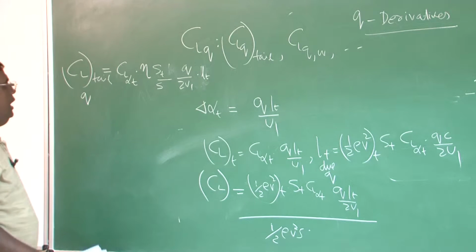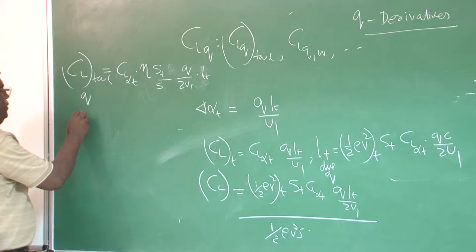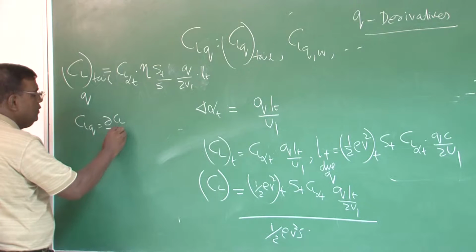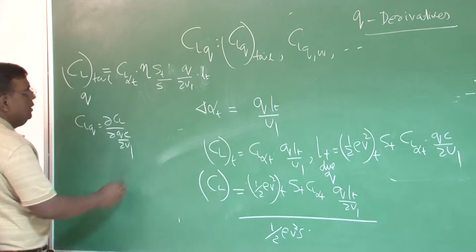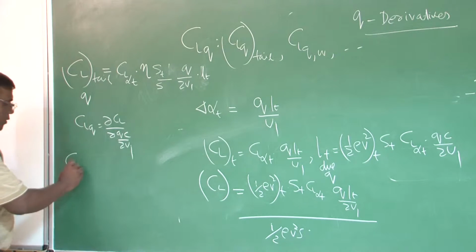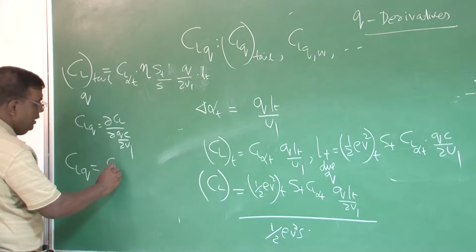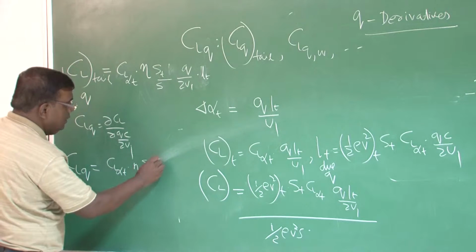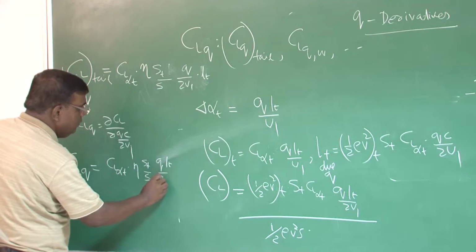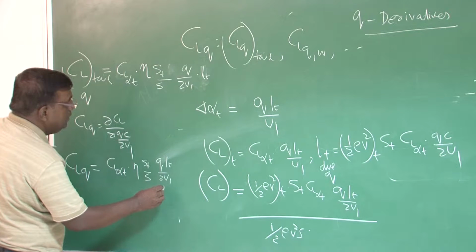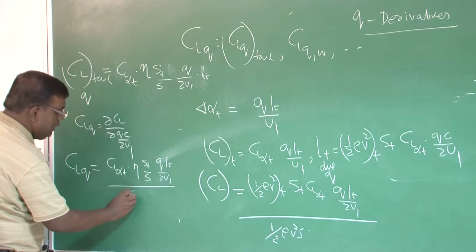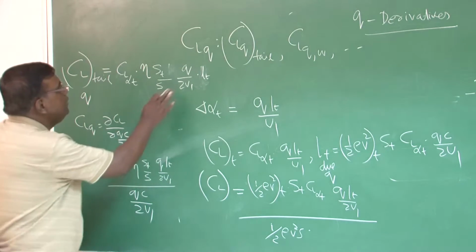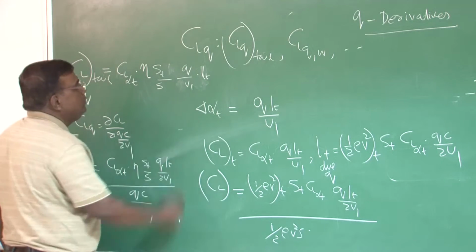Generally, we use that. And if I want to find out CLQ, which is dCL by d(QC/2U1), the best way is simply to divide this by QC by 2 U1, because they are linear. No, this one won't be 2, right?